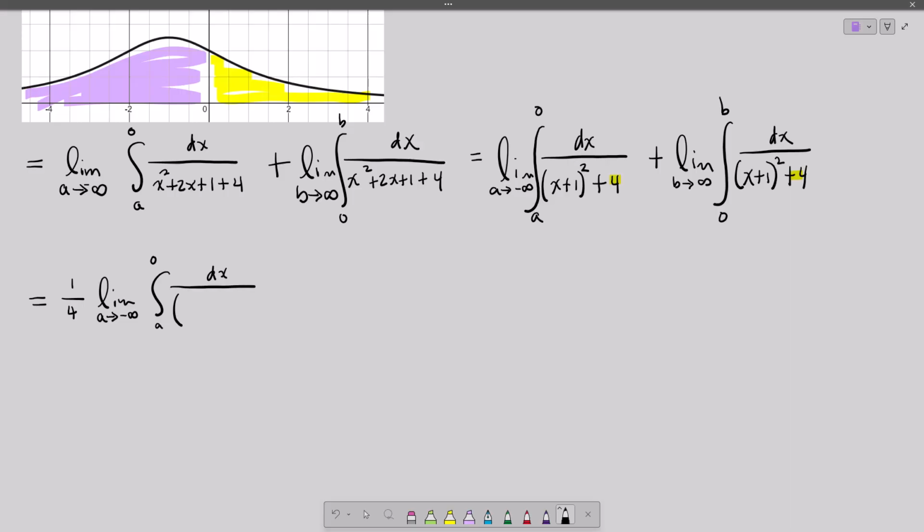This is going to be x plus 1 divided by 2, quantity squared plus 1. And then this will be a 1/4 limit as b goes to infinity, 0 to b, same exact integrand: x plus 1 divided by 2, quantity squared plus 1. So now we have 2 basic arctans.